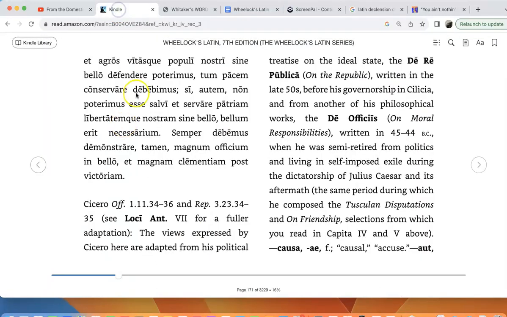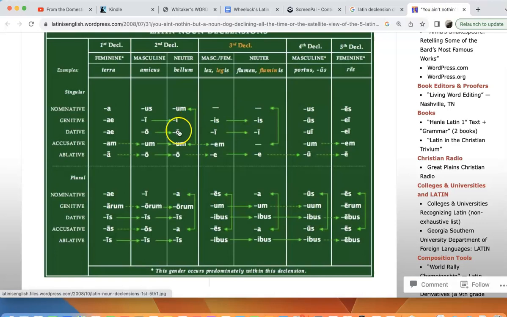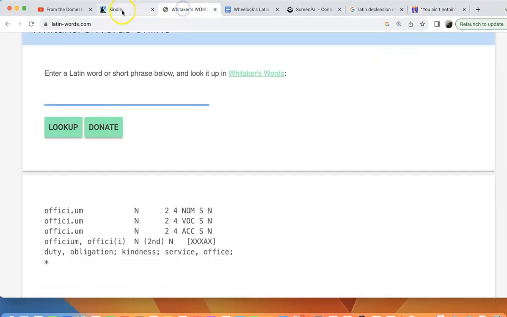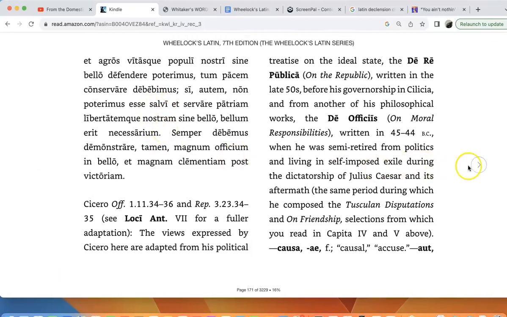That's just because the text is longer. But I think we have a fairly good translation and explanation of that, following just a careful understanding of the endings, looking up words, and then a little bit tricky sometimes with the word order. And of course, the meaning is something to consider.